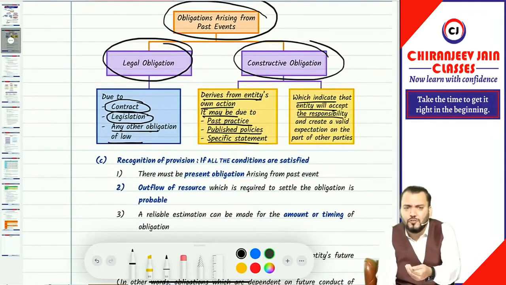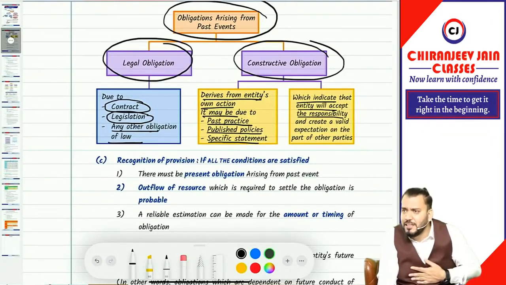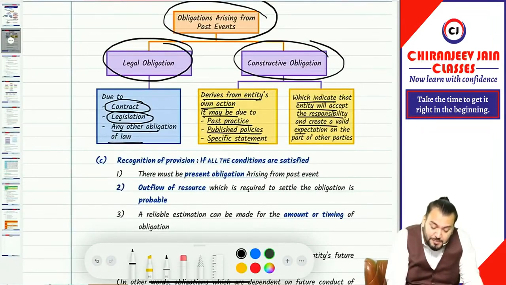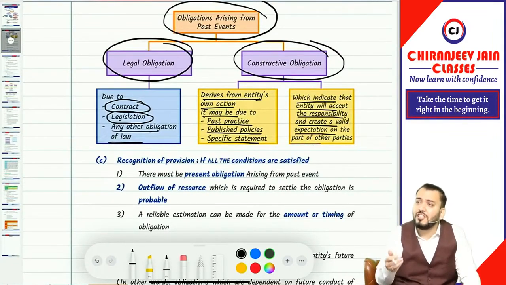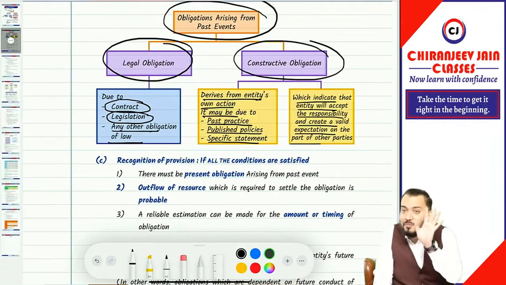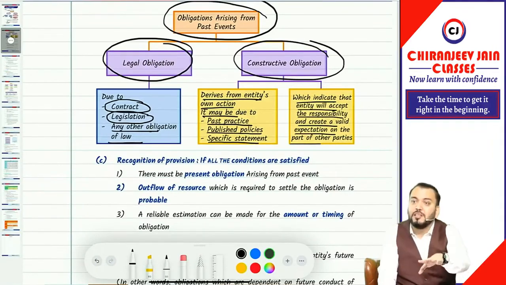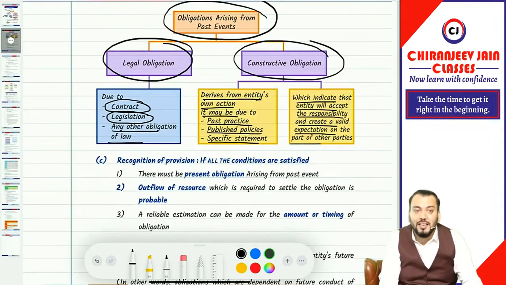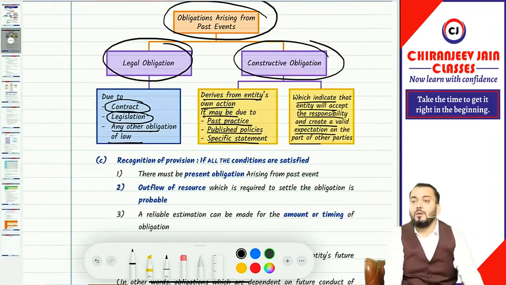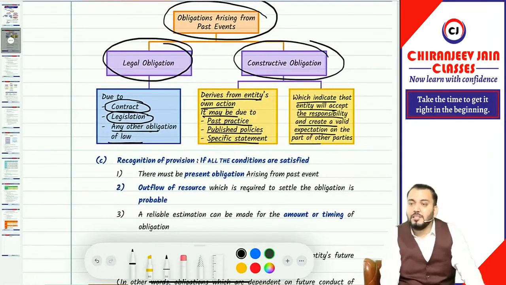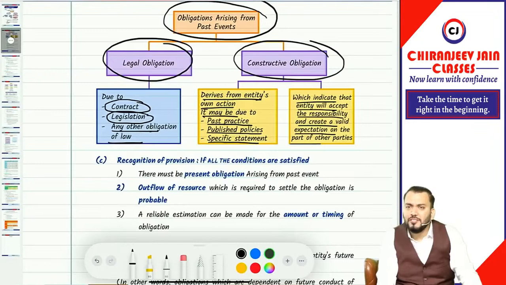Of course, when I have made the announcement, it means I will accept the responsibility. Correct now? And it created a valid expectation on the part of the other party. Once I have announced, you said, oh, maja aayega. Bolo, yes or no? So some valid expectation in your mind or not? Are you able to understand? It means it becomes a constructive obligation. Have you understood?